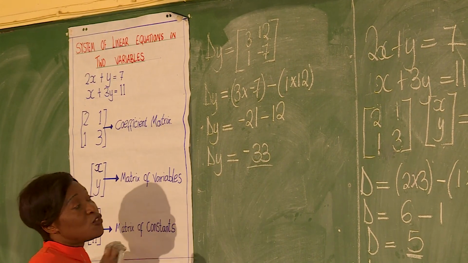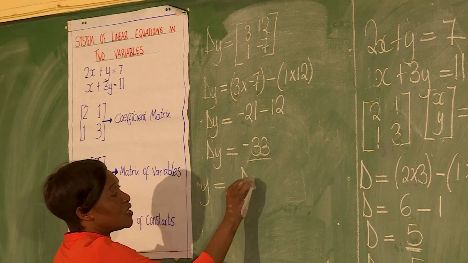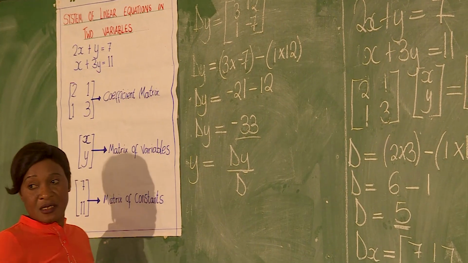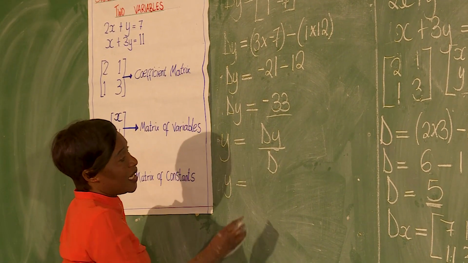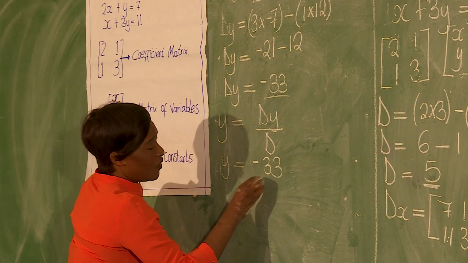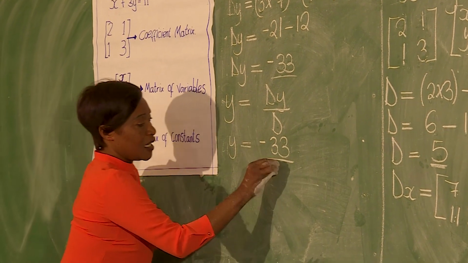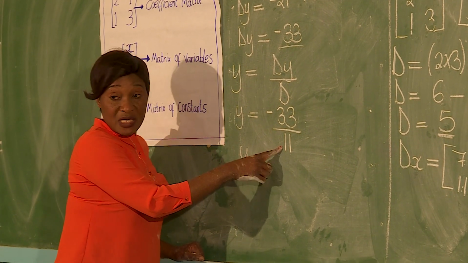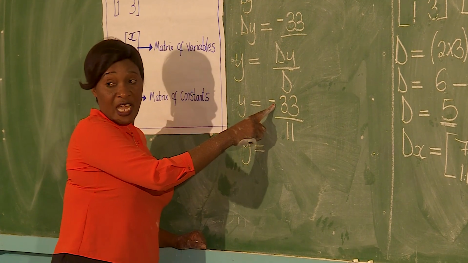So we need to find y. So our y will be equal to Dy divided by the main determinant. Clear? Yes. So our y will be equal to, what is our Dy? Negative 33. Very good. Divided by the main determinant that we found there, which is 11. We have the negative number there, we are dividing with the positive value, isn't it?